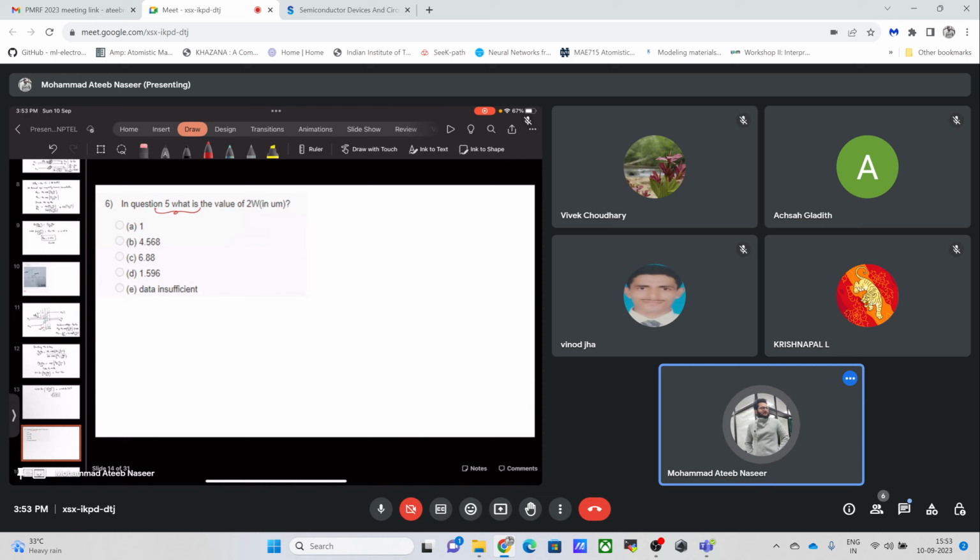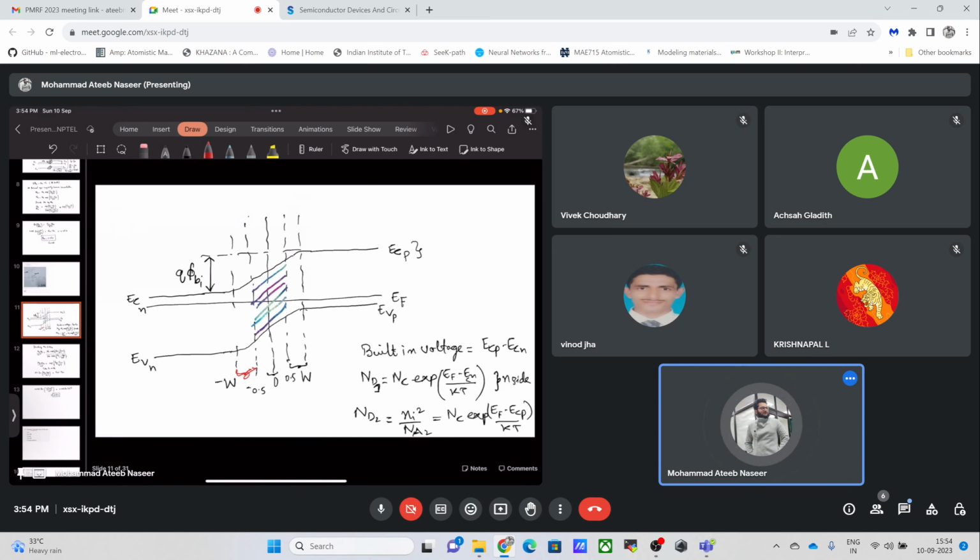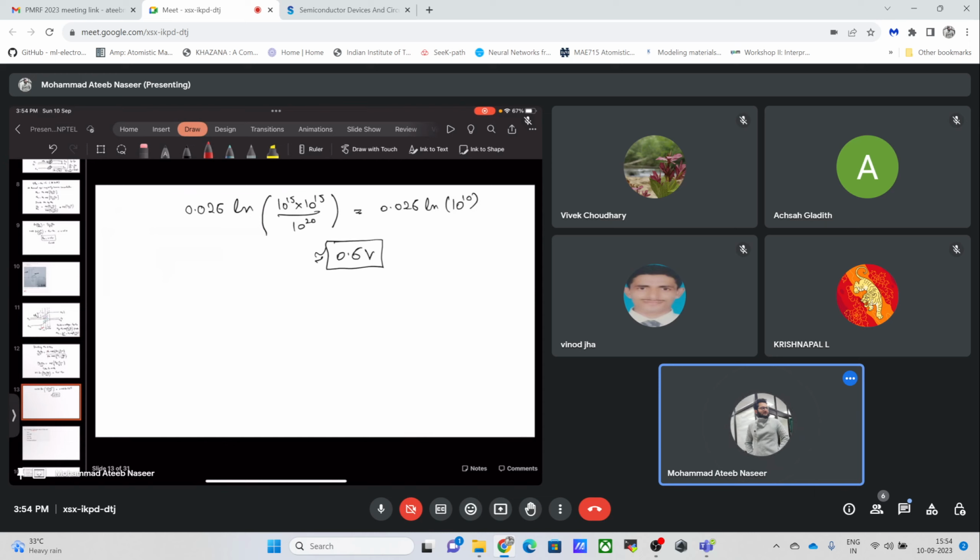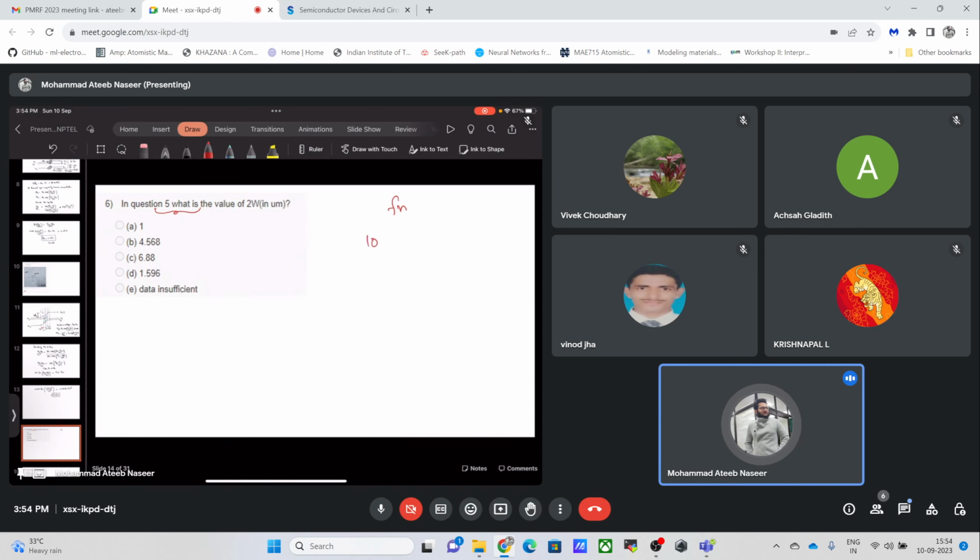So basically we need to again go into the basics of this Poisson equation. Whenever we have this doping on the right hand side and the doping on the left hand side, since this doping is constant, it is some 10 to the power of 16 per centimeter cube.